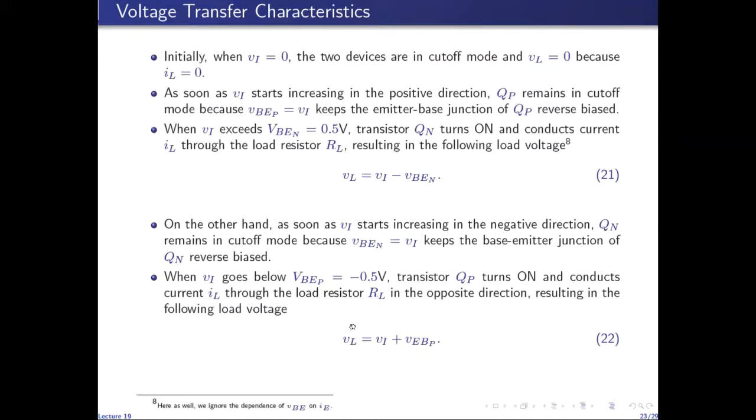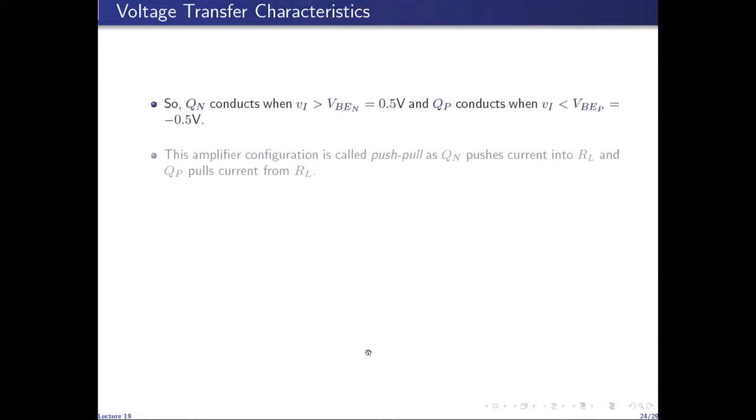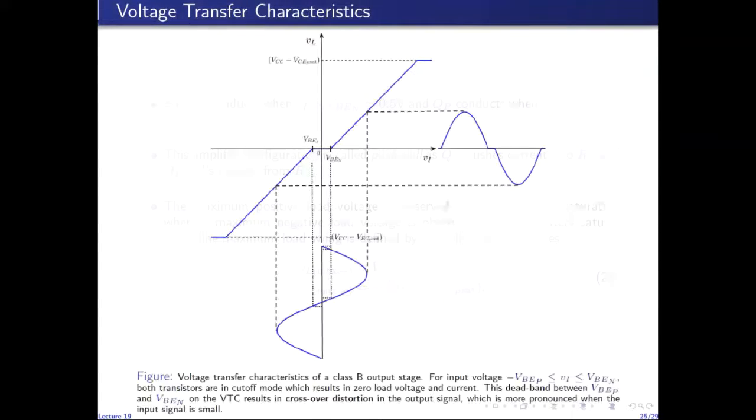When QP conducts, the expression between VL and VI is given by this equation, which again has a slope of unity. So when VI is greater than 0.5 volts, we get a straight line with slope of unity, and when VI is less than minus 0.5 volts, QP conducts, and we again get a straight line with a slope of unity.